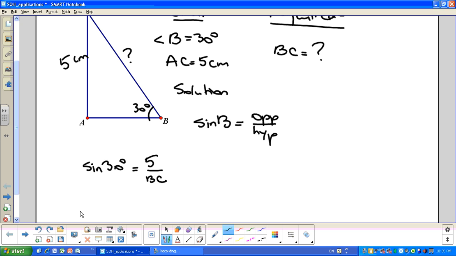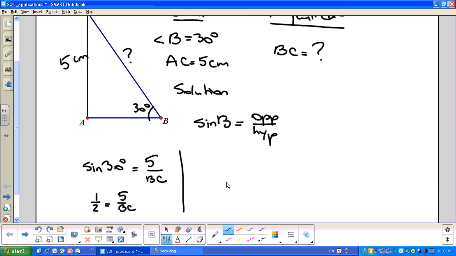Now, I want you to grab your calculators, and you will see that you have the function sine 30 degrees. Press that and you will see that sine of 30 degrees is 1 over 2 equals 5 over BC. Okay, so now I have one equation with one unknown.